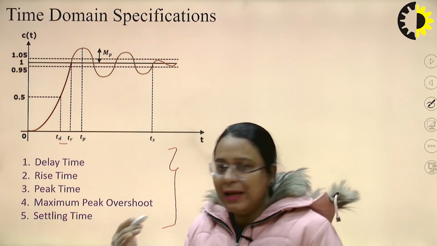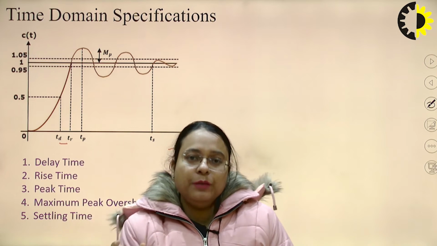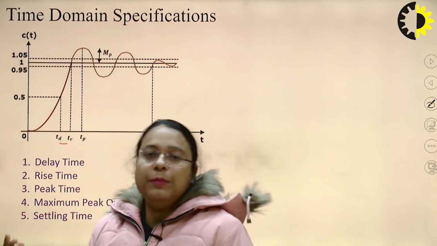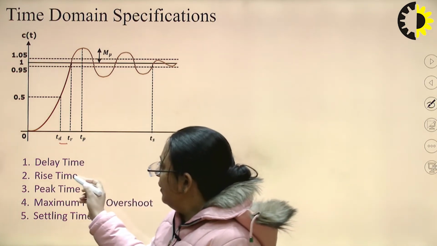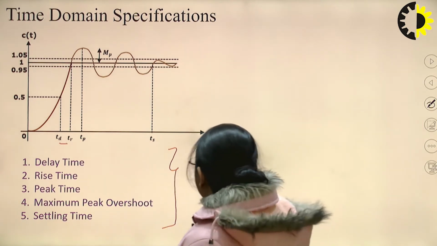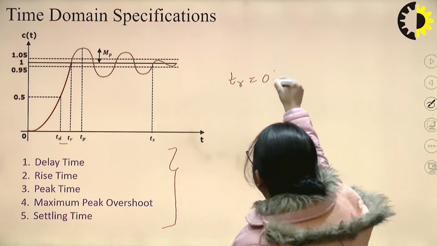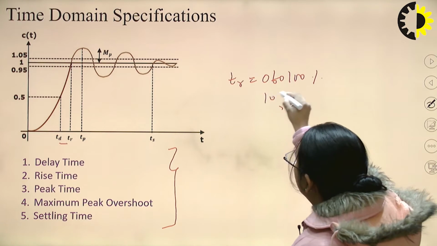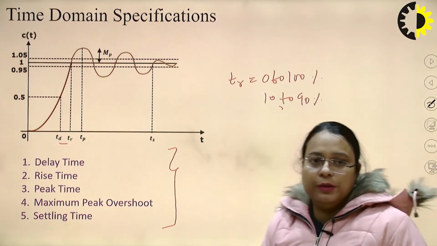Delay time is the time required by the response to reach about 50% of the output, right? Now rise time is the time needed for the response to reach either 0 to 100% of the output or 10 to 90% of the output, right?